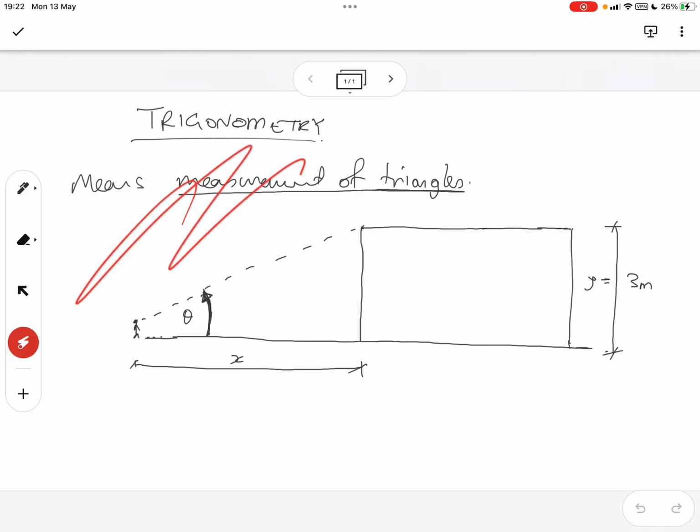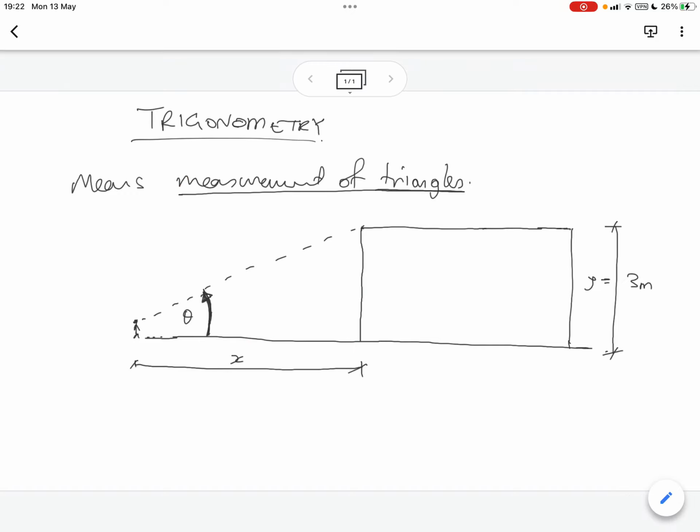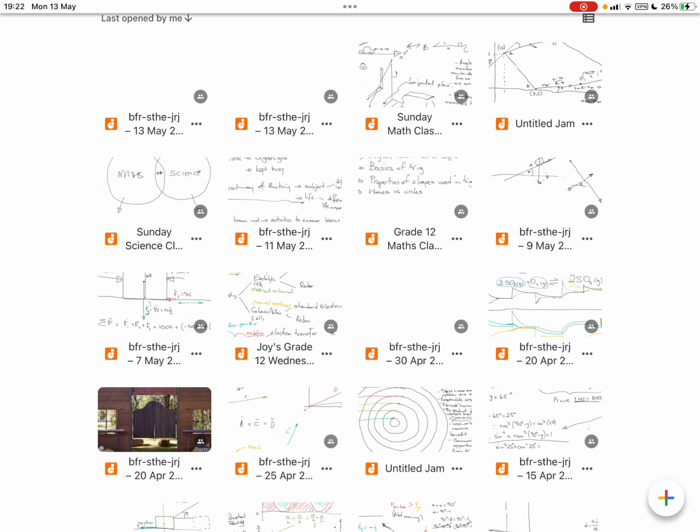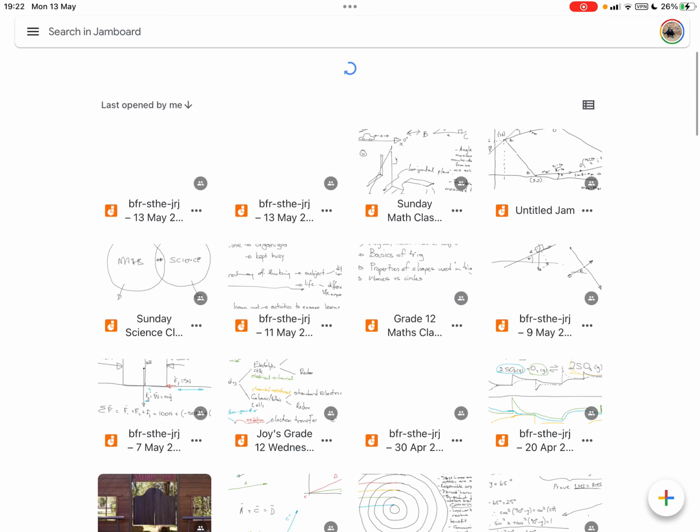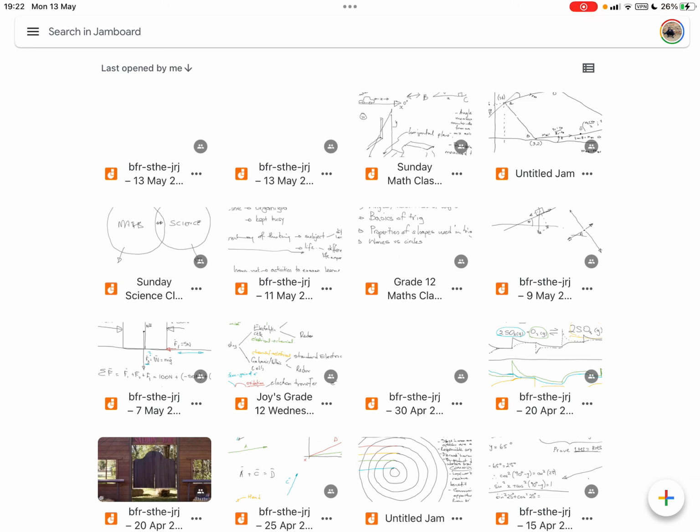Because now, on the tablet, I've got two duplicate jams. I've already written on them quite extensively. Delete them. No, I'm not going to. And I've also recorded this class. So I guess the last few minutes have been troubleshooting.